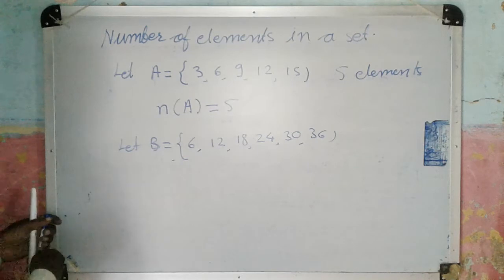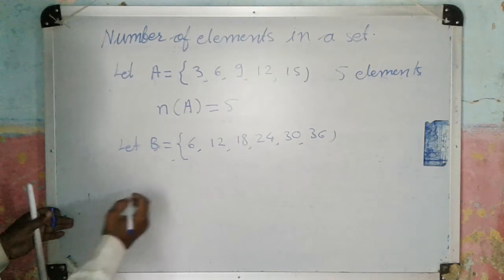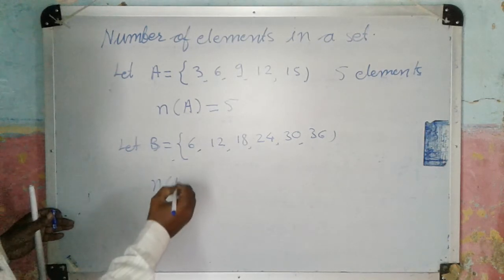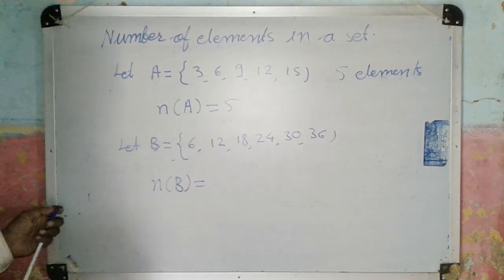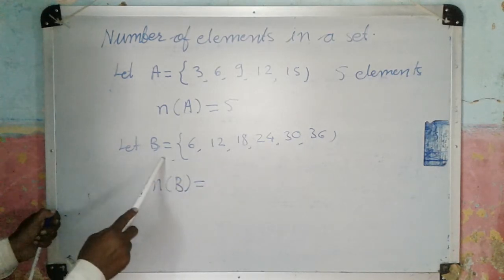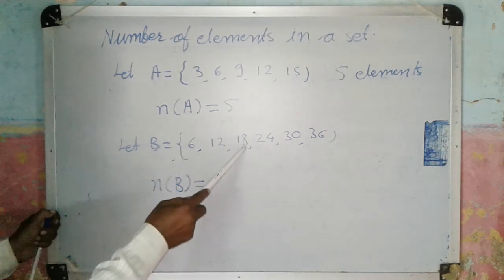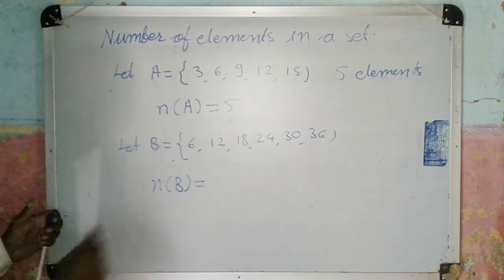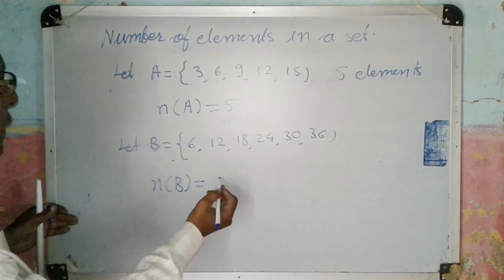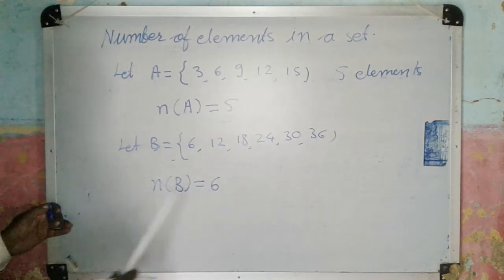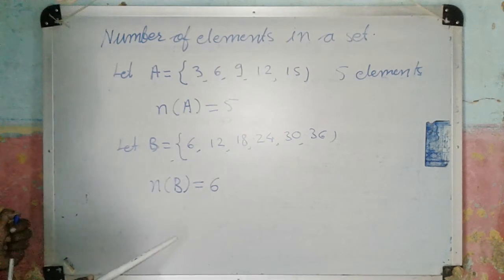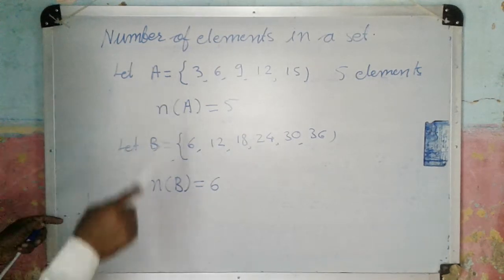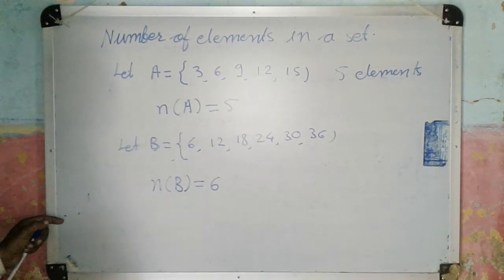Now similarly we can write number of B. Now how many elements are there in set B? 1, 2, 3, 4, 5 and 6. There are 6 elements. So number of B is equal to 6. So in this way the number of elements in the set is written.